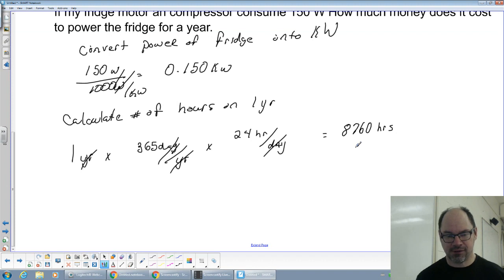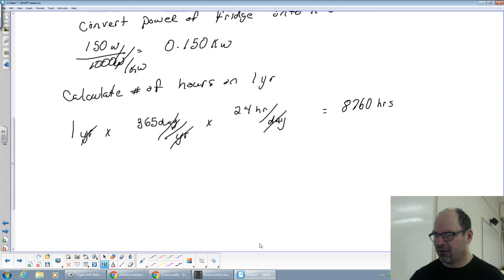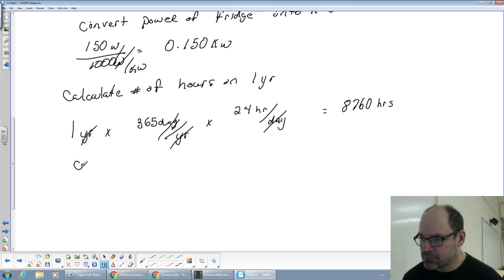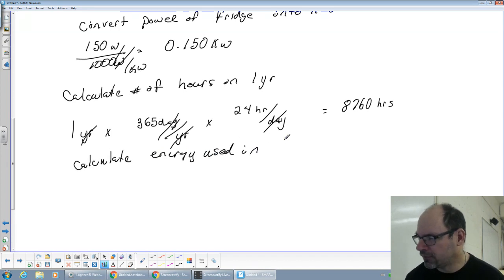Okay, that's a year. Now we have both the time and the output: we have the kilowatts and we have the hours. So now we multiply them together to get the kilowatt hours, or the rating of our consumption of power, not in joules, but in kilowatt hours. So calculate the energy used in kW hours.